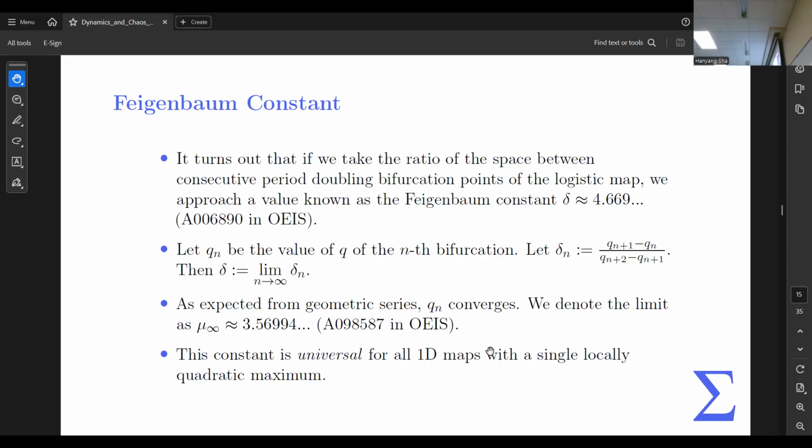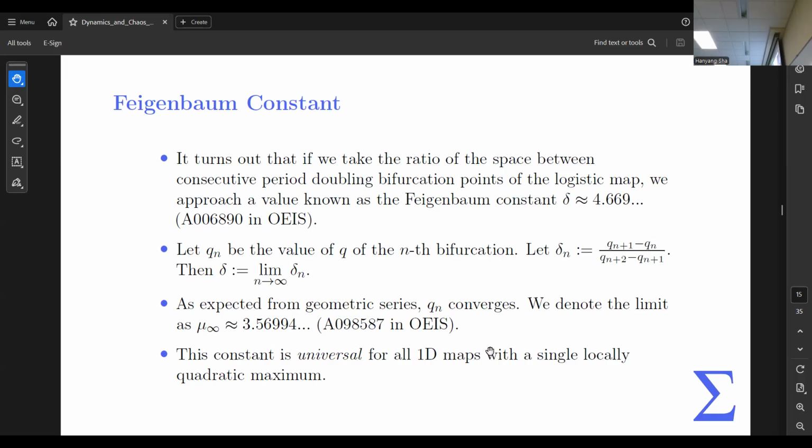Then let delta n be the ratio of the previous gap between bifurcation points and the new gap. And then the Feigenbaum constant is the limit as n goes to infinity of delta n.